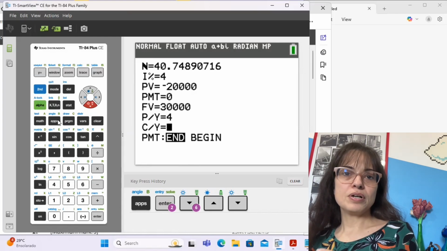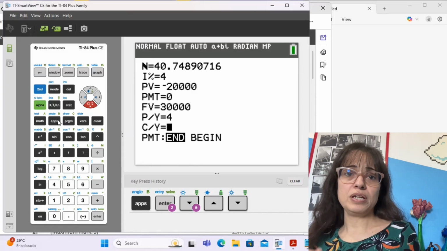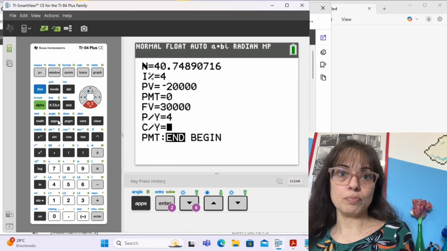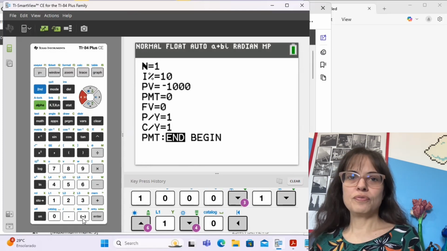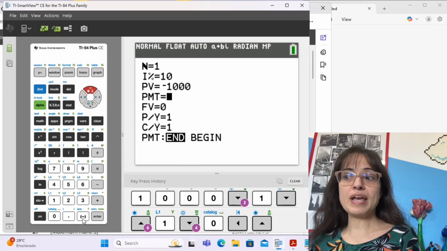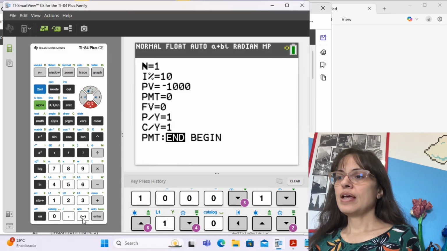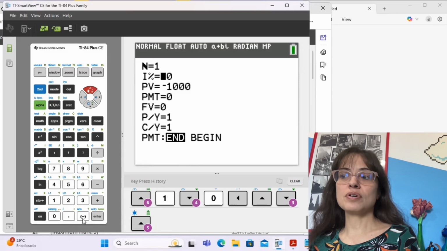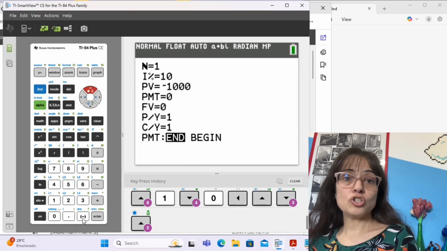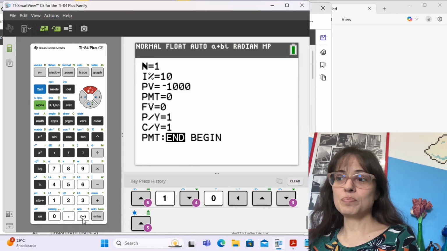So maybe the interest in the account is compounded monthly, but you only put money in there once a year, for example. So that's the thing that you need to know. The PY refers to the periods of the payments of the PMT, and the CY refers to the compounding periods of the interest rate. So let's just check that with a very simple example.